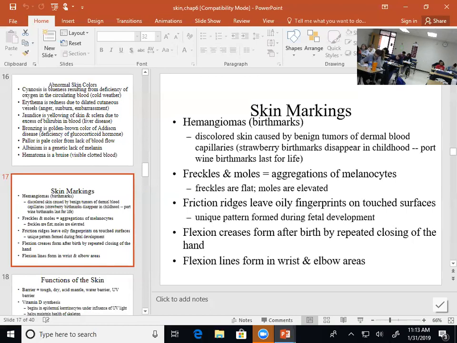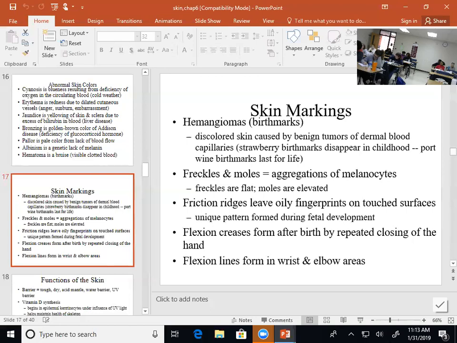Freckles and moles, I told you what they are. Then we have these ridges and fingerprints I told you about too. I don't ask you about flexion creases and lines, but they're important to think about because as we develop in utero, we are a bilateral creature, like a lot of animals are bilateral. So as we are developing, we should have some symmetry between the two sides. What you look for in a pediatric assessment is not that adults don't matter, but you can usually pick this up in pediatrics.